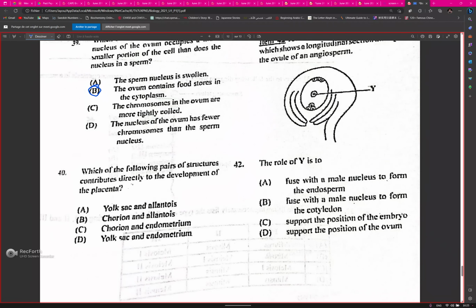The allantois is like the thing with the waste from, I think, the fetus that collects. Yeah, I'm not really sure if that develops the placenta. Not necessarily.